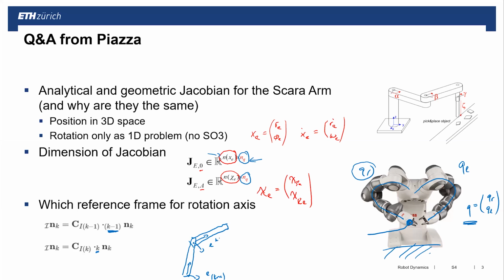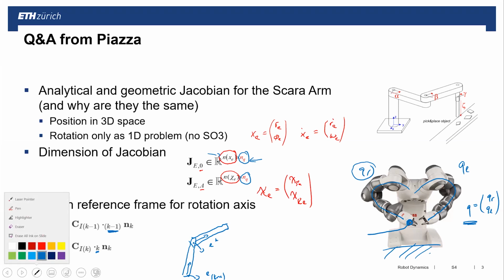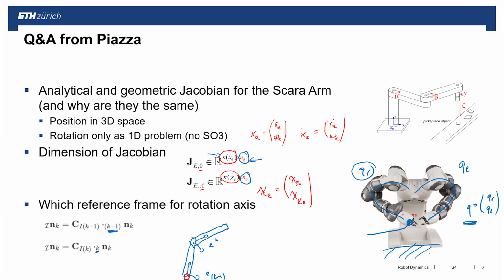However, the rotation axis in these two frames, so the rotation axis here and here, they're aligned. So whether you express n in k minus 1 or n in k, it's typically the same because they're rotated with respect to each other around that one axis.